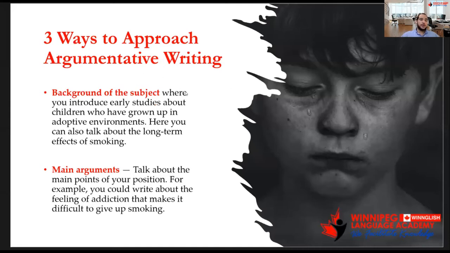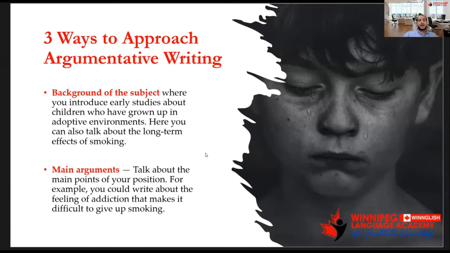Moving to this here, you mention the background or the history of tobacco and how tobacco affects people and the environment. Maybe here you could also talk about the long-term effect of smoking on children. Then you go to your main arguments, why you think it should be banned. So you talk about the main points of your position.